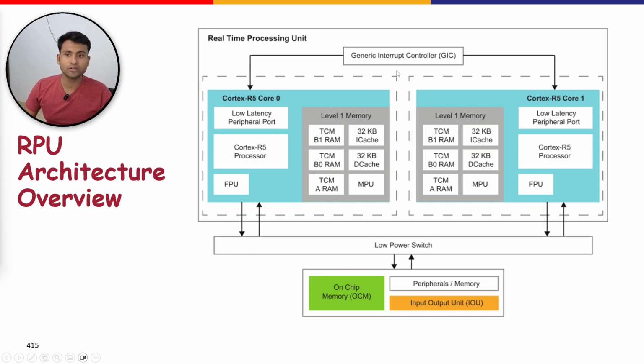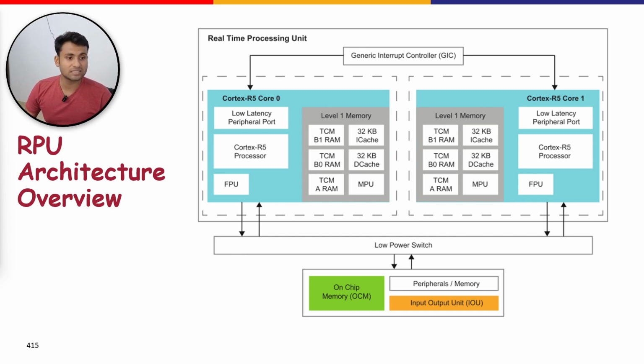Just like the APU, here also we have a generic interrupt controller called GIC, but this GIC is based on the GIC v1 specification, as compared to the APU, which was on the GIC v2 specification. Using this GIC, we can control the outgoing and incoming interrupts from other processing units of the Zynq MPSoC device, maybe from the APU, or from certain IO banks, or from the on-chip memory.